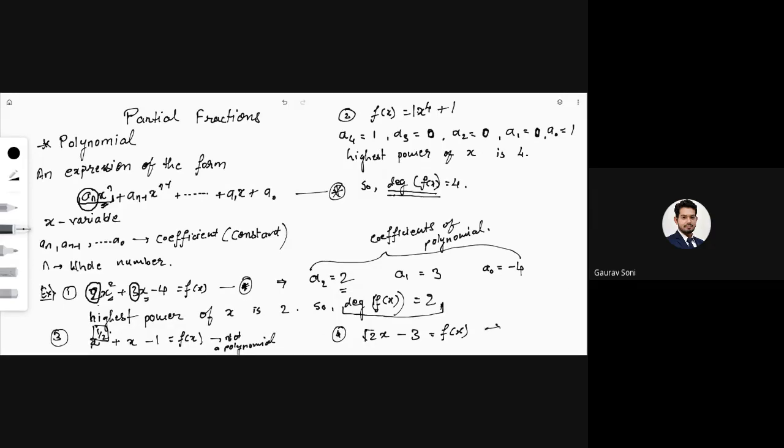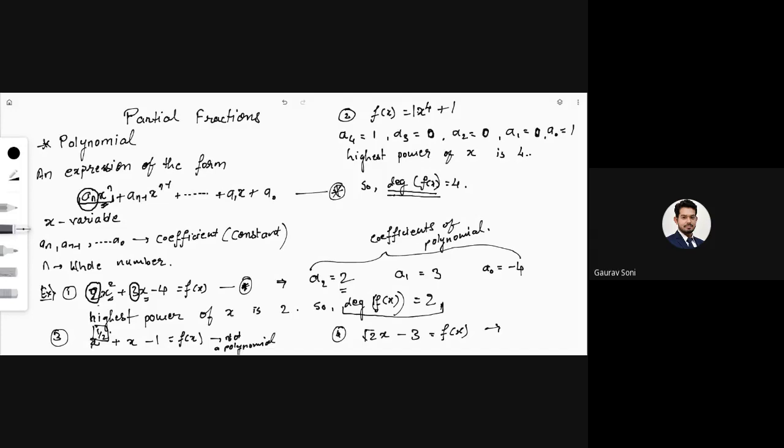Is this a polynomial? Fourth one? Yes. Which means that root 2 doesn't create any problem. Yes. Okay. So there is no restriction on the numbers associated with the variable. It can be anything.